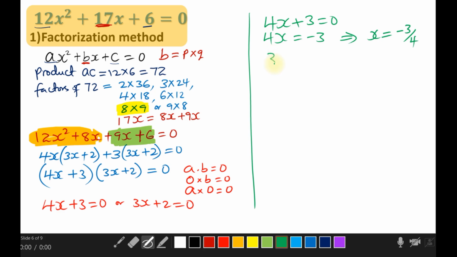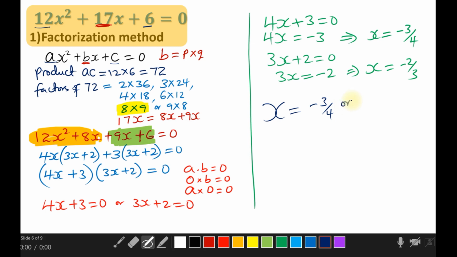The other case is 3x plus 2 is equal to 0, and therefore 3x is equal to minus 2. And this implies that x is equal to minus 2 over 3. Finally, we say that x is minus 3/4 or minus 2/3. And that is the value of x when using the factorization method.